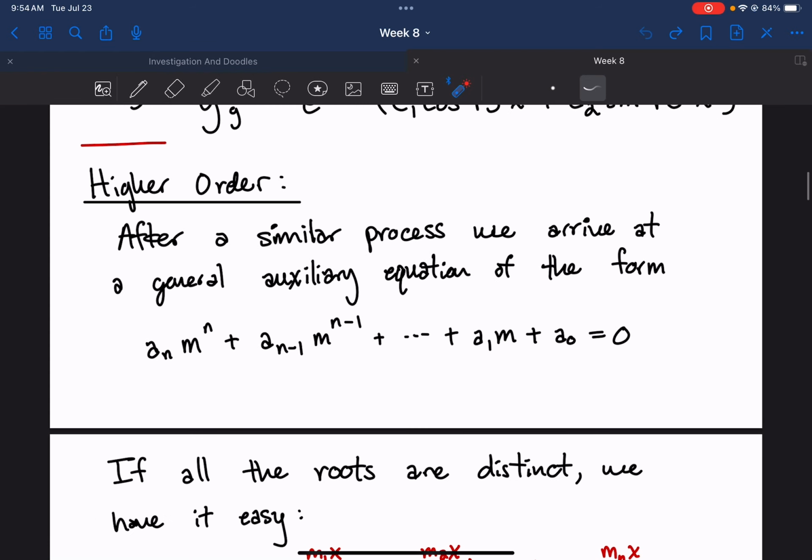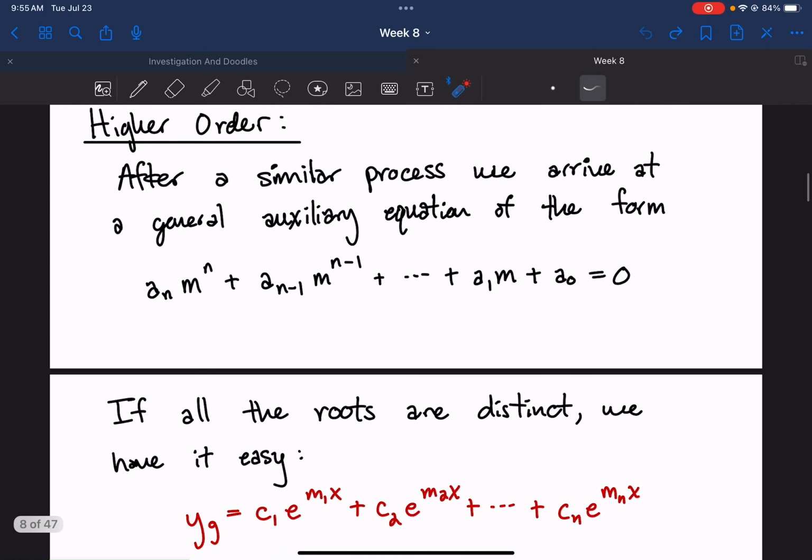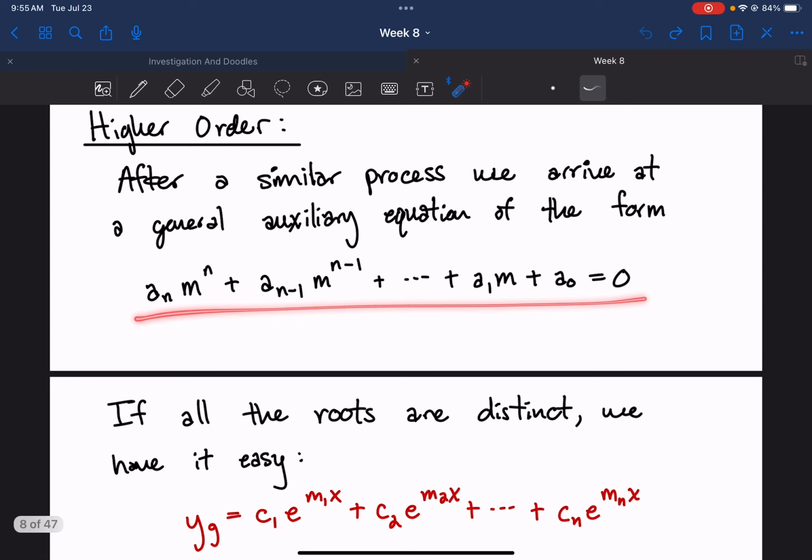If you have a higher order polynomial, you get a similar process. But now the auxiliary equation looks like this, an nth order polynomial to factor. And factoring big polynomials is a thing. Look up the rational root theorem.